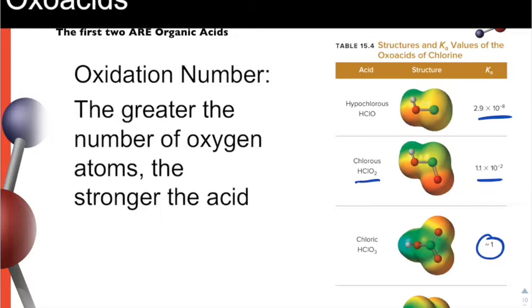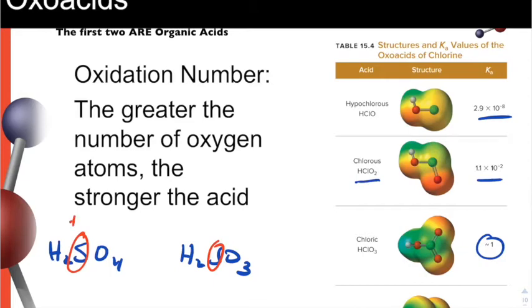The key here is that if you were to compare these two, the oxidation number is the theoretical positive charge that resides on that central atom. We talked about how to calculate that in Gen Chem 1. I'm not going to go through it right now; I'll talk about it in class.